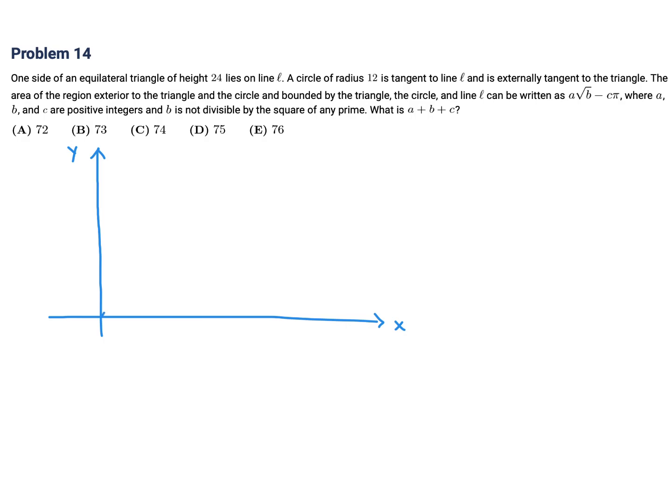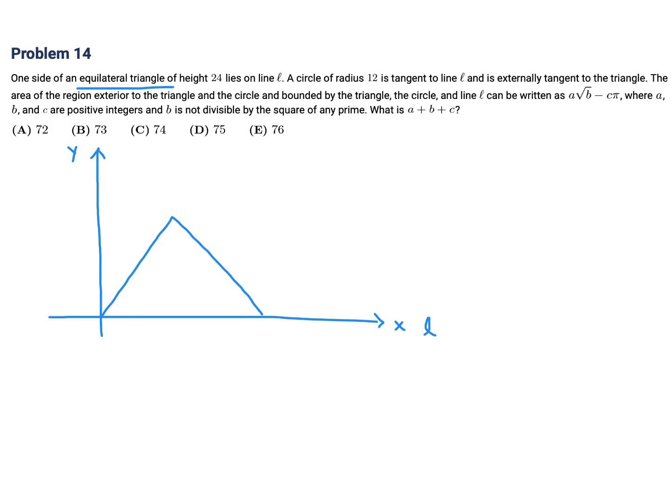Okay, so first I have to draw that equilateral triangle, and that's that. And then I have to interpret what it is that they're asking here. Now, I believe the equilateral triangle is fine. That looks pretty equilateral to me. But what is L? I think the L in this case is the x-axis that I drew. I think that's representing L. And then we have this circle.